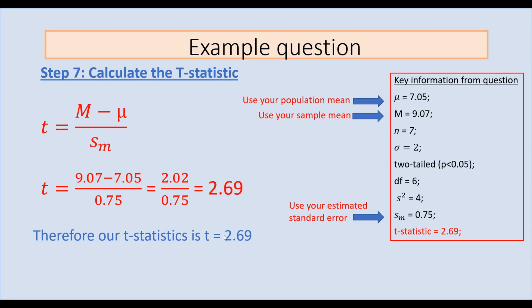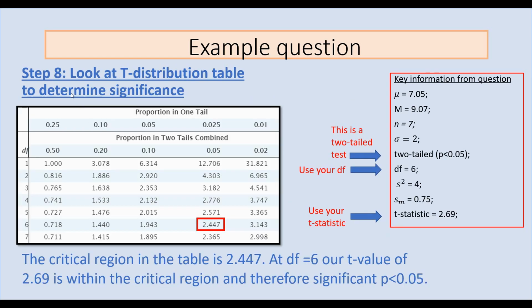With this t-statistic now, we can look at a t-distribution table, such as in step 8 here, and determine if it is significant. So what you need to do is use your degrees of freedom. We have it here within our table, and we have our t-statistic here. If our degrees of freedom is 6, go to degrees of freedom 6, so it's right here.